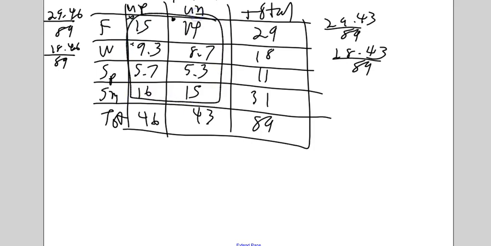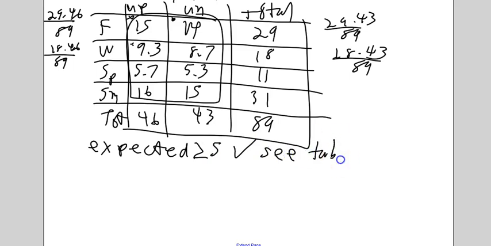We have 5.3, but yes, all of the expected values are greater than or equal to 5. Check. See table. That's step 3.